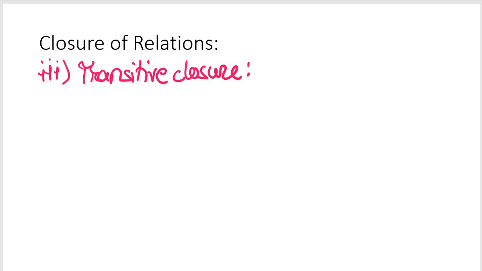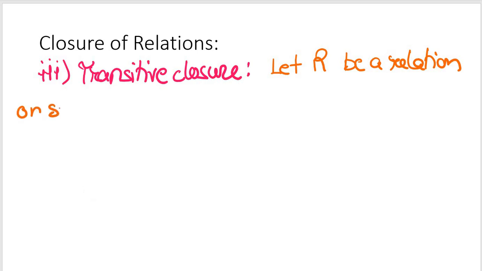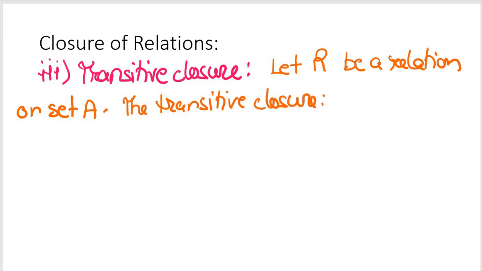So once again, let's start with our R being a relation on set A. The transitive closure is defined as your R star, which is equal to the union of n equals 1 to infinity R to the power n, and this can also be written, in some of the literature, as R plus.